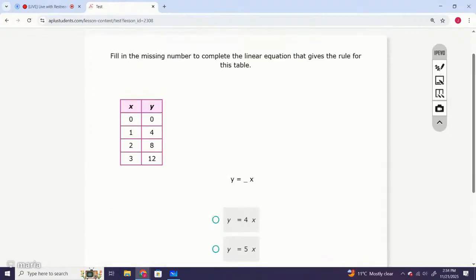Okay, fill in the missing number to complete the linear equation that gives the rule for this table.